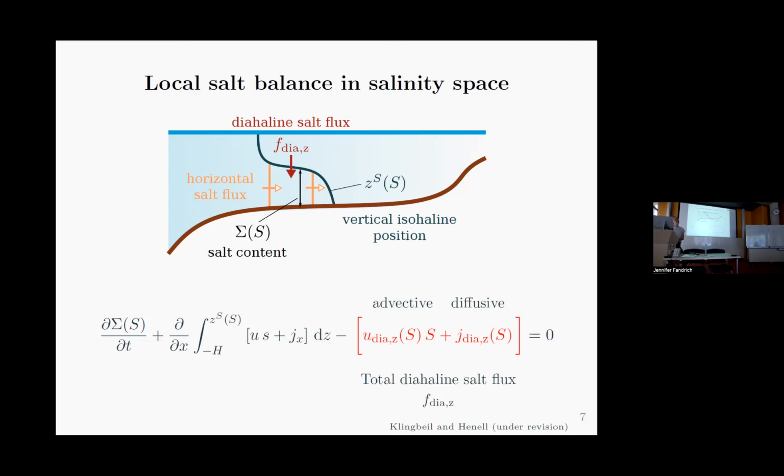This is the dia-neutral velocity, which you call dia, or the vertical velocity. Since we already had the question by Tridib in this direction, you can see that I do call it the diahaline salt flux, but you have the additional comma Z that you can see. And this is why it's also sketched.